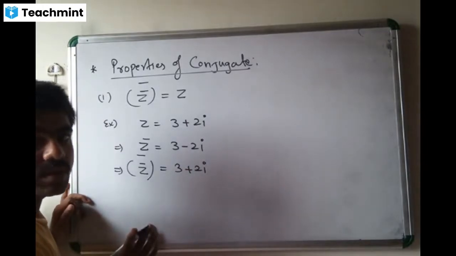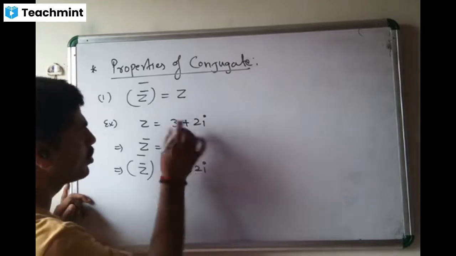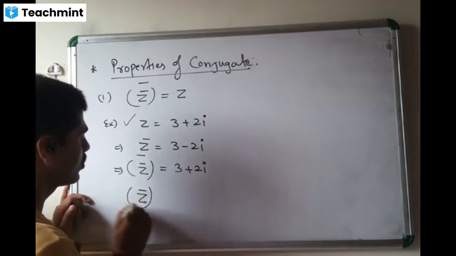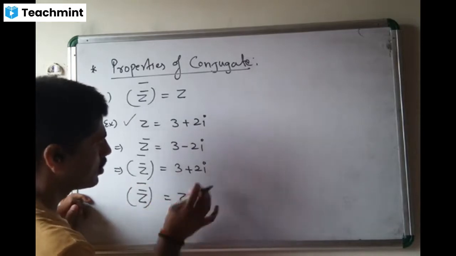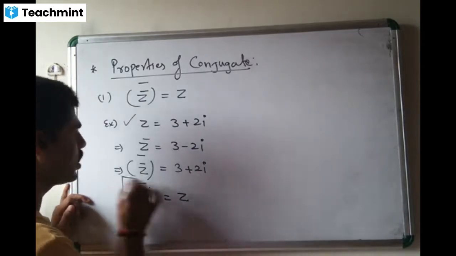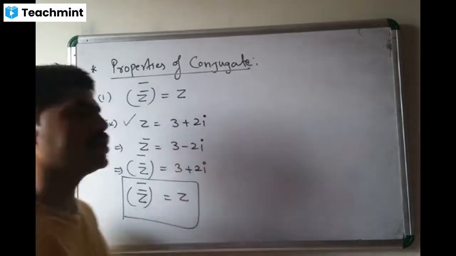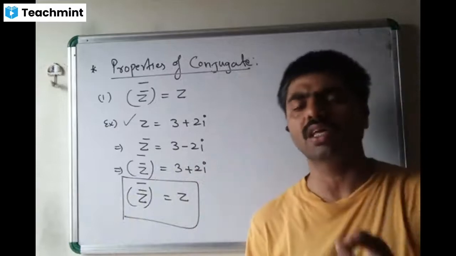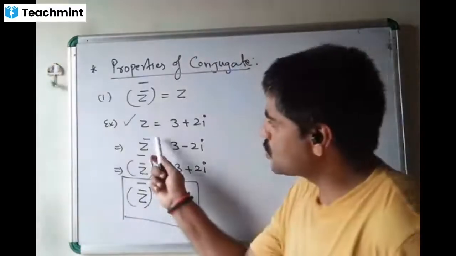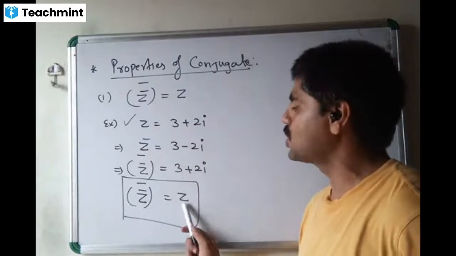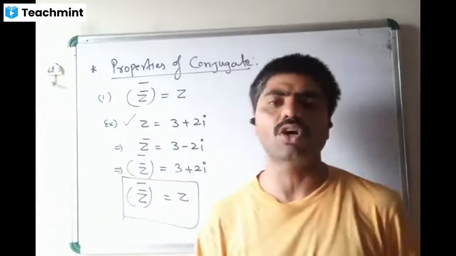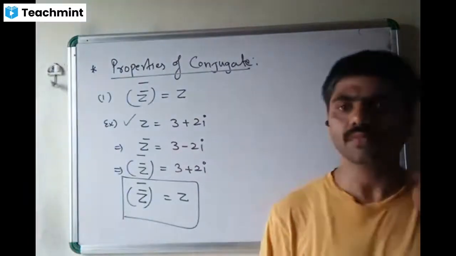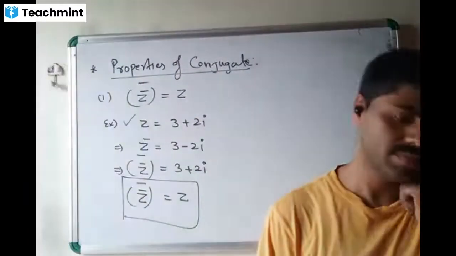And this 3 plus 2i is equal to z. So the conjugate of a conjugate of a complex number is equal to the given complex number. This is the first property of the conjugate.